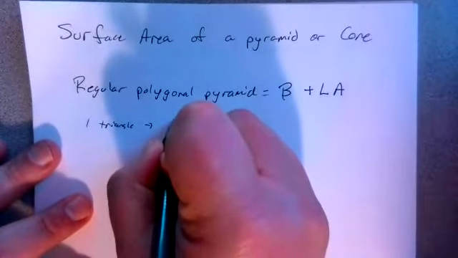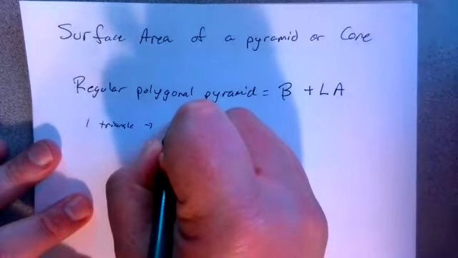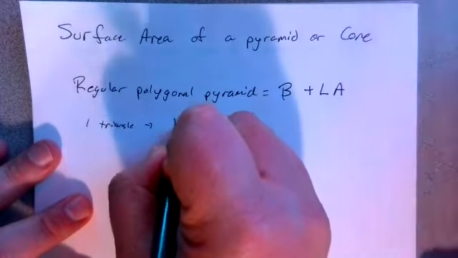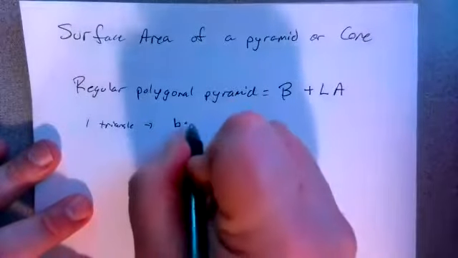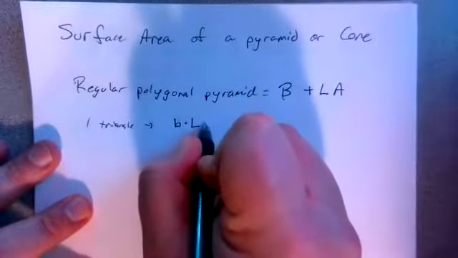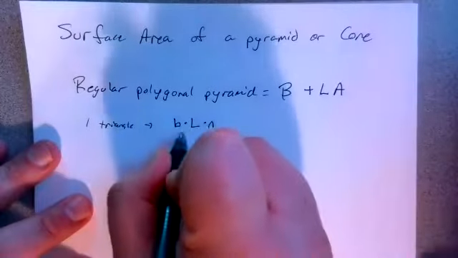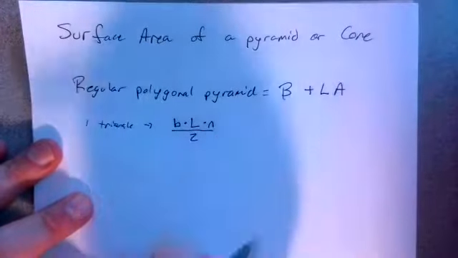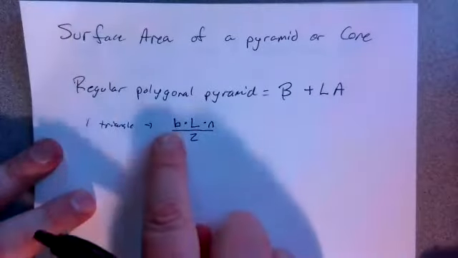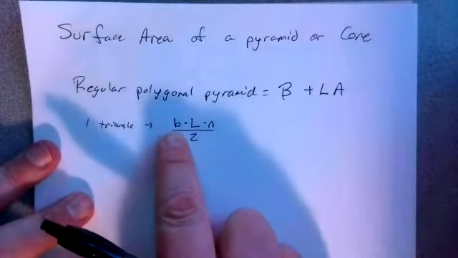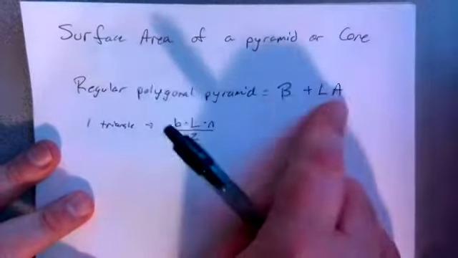It's going to be the side or the edge length of the base of the bottom times the slant length times the number of sides, all divided by 2. All right, so this is the base length. So the area of the base plus the lateral area.